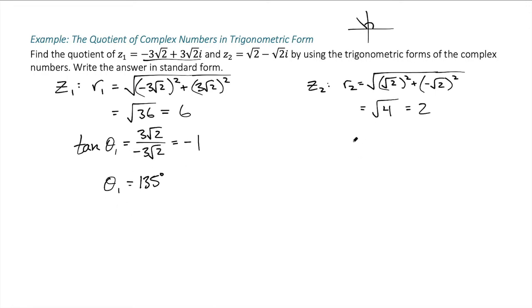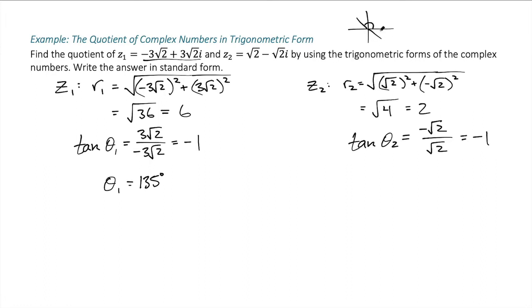Similarly over here for theta 2, tangent of theta 2 is b over a. b is negative root 2 over a is root 2. So again, that's negative 1. Thinking of quadrants, z2 has a positive a and a negative b, so that's actually down here in the fourth quadrant.